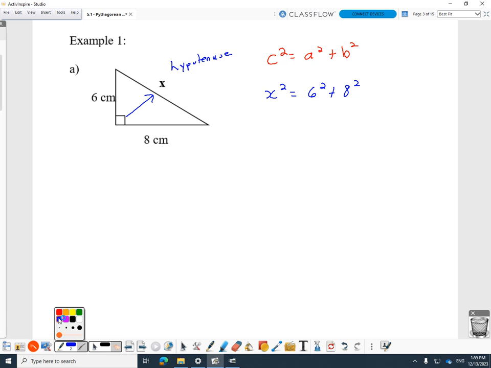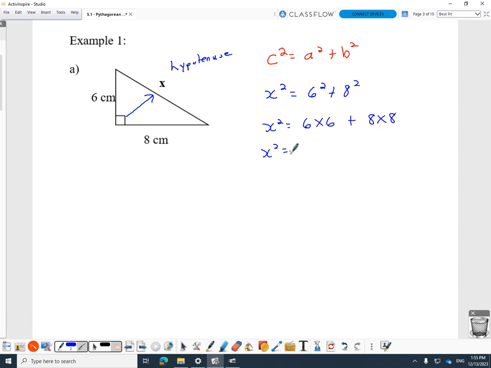Now we got two things you could do. If you've got a calculator with a squared button, you could just hit 6 squared. If not, what you've got to do is 6 times 6, and this is 8 times 8. I'm certainly not suggesting you should do that in your head, because these are reasonably friendly numbers, but we're going to do Pythagorean theorem with not friendly numbers, so you're probably reaching for a calculator.